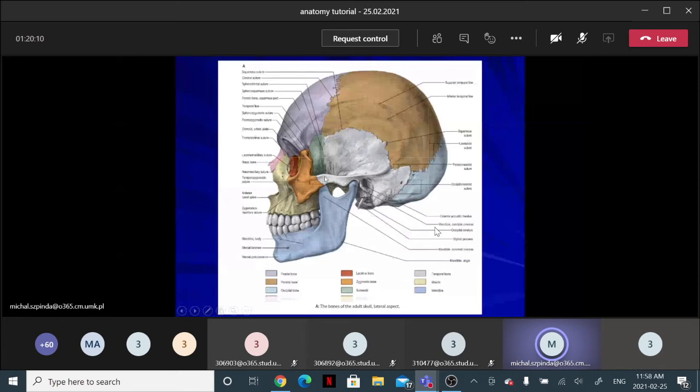So between the temporal squama and the zygomatic arch is just a space. Due to this space, the temporal fossa joins the infratemporal fossa, that's lower and medial to the mandible.